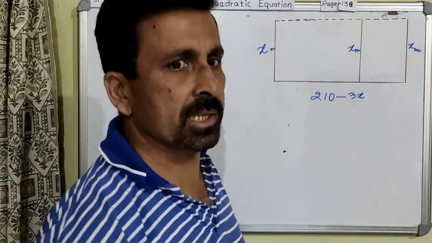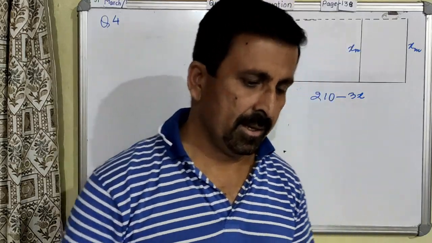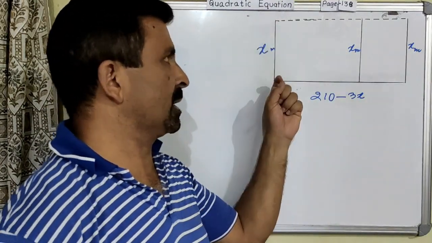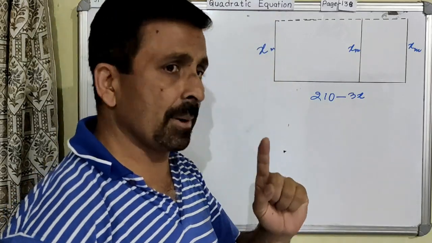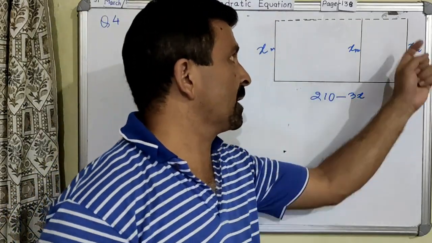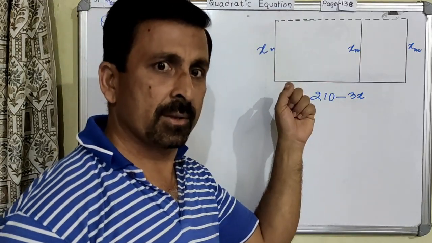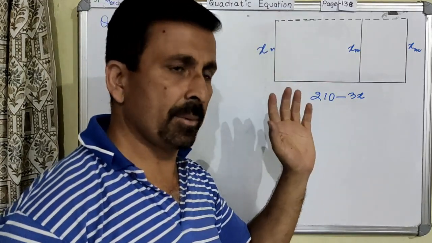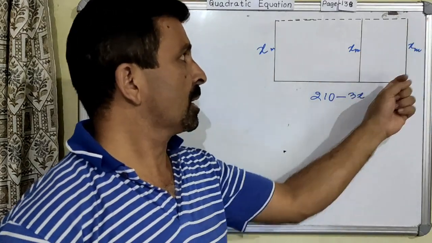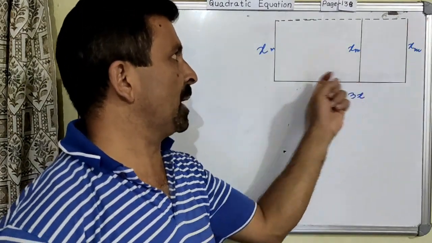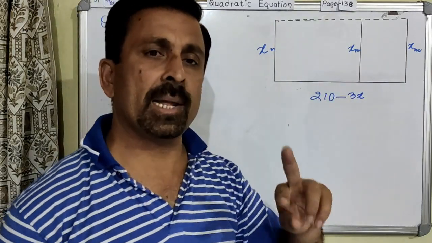Now the picture is complete. Now you can see here, for this rectangle, you got the length and also the width. When you use the width, please remember that you are calculating the area of the rectangle, so only one length and only one width will be used. Are you getting me? Because we are going to calculate the area of the complete playground. Therefore, the area of this playground will be the product of the length and the breadth.